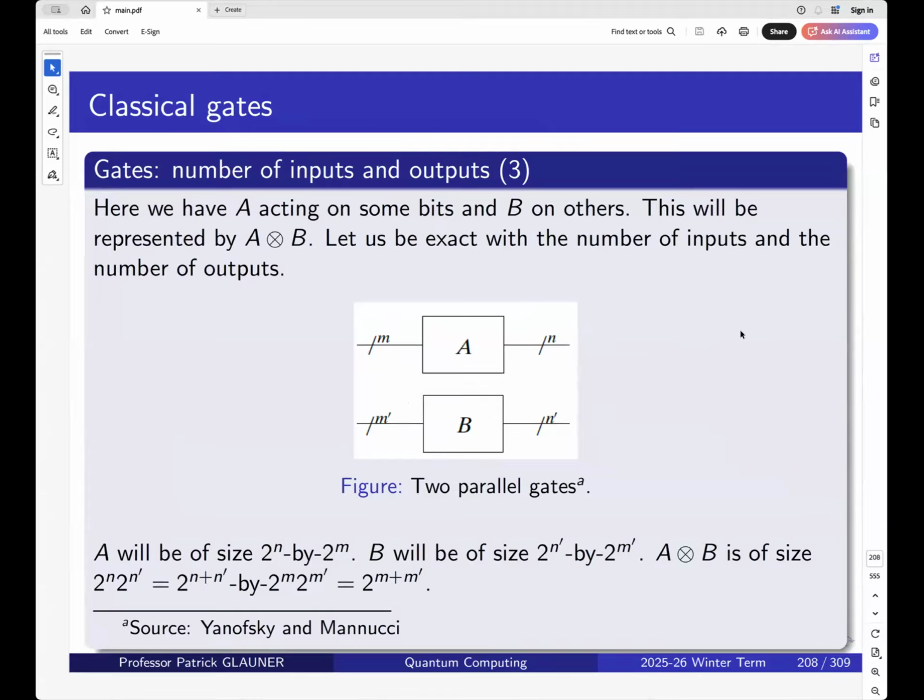And to describe these parallel computations in terms of A and B, we can do something quite neat. We can represent this through the tensor product because these two run in parallel.